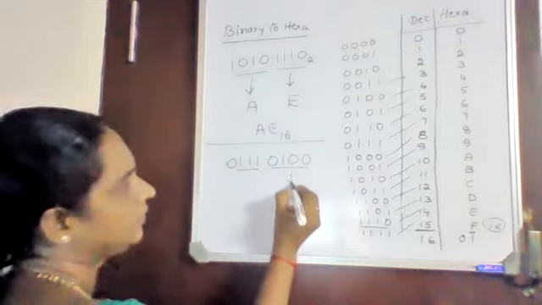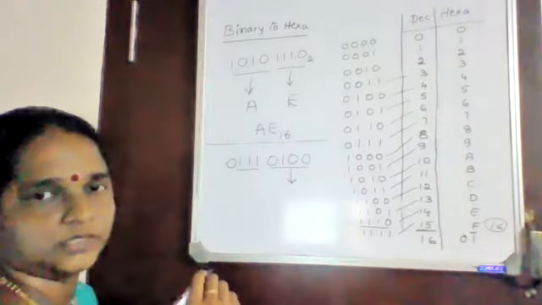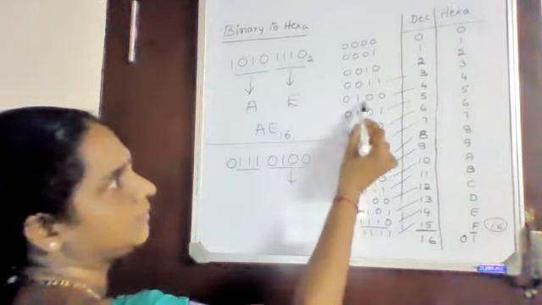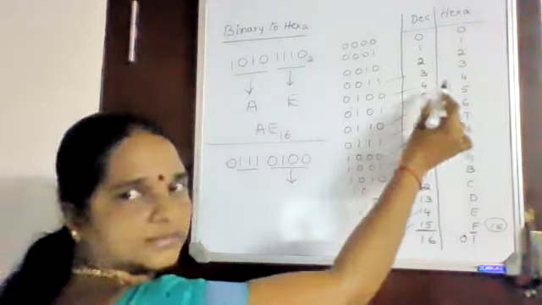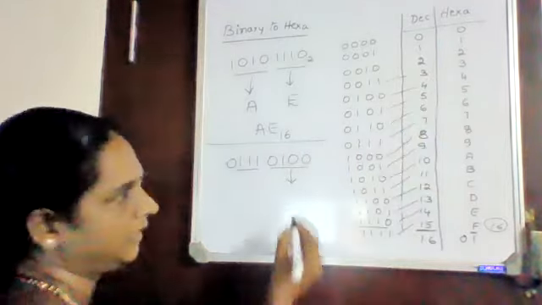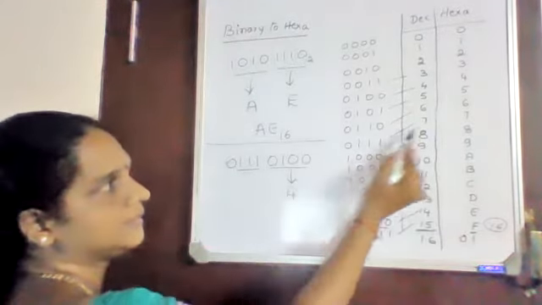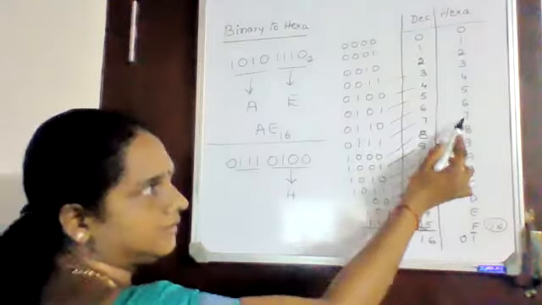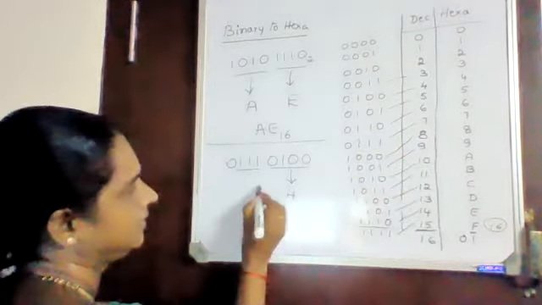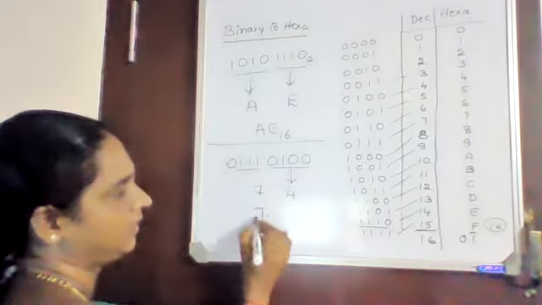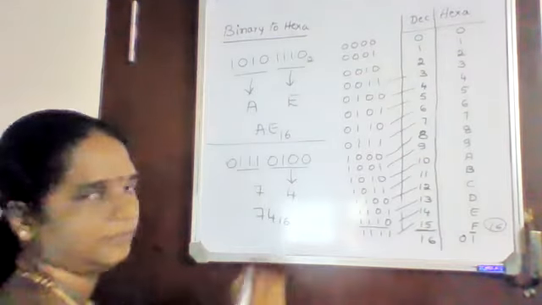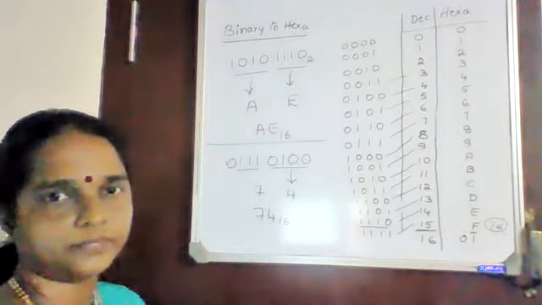This value 0100 is nothing but 4, which is also 4 in hexa. Write 4. 0111 is nothing but 7, and that is 7 in hexa. 74. Therefore, the value is 74 base 16.